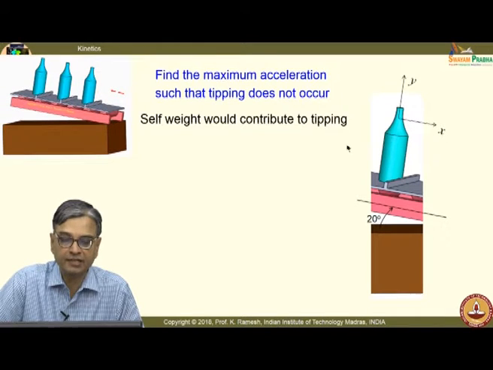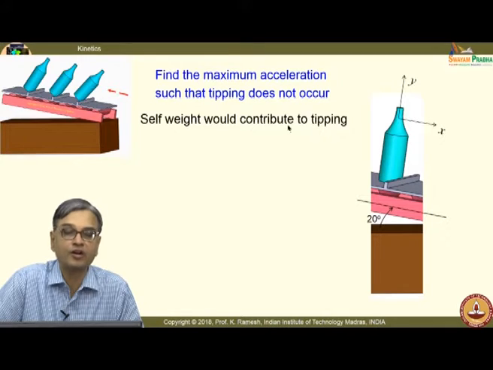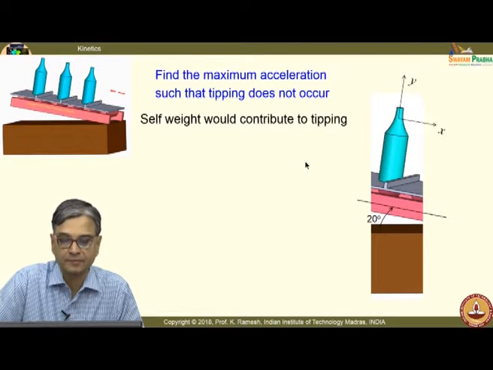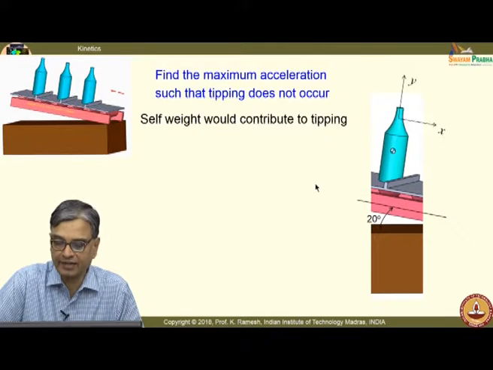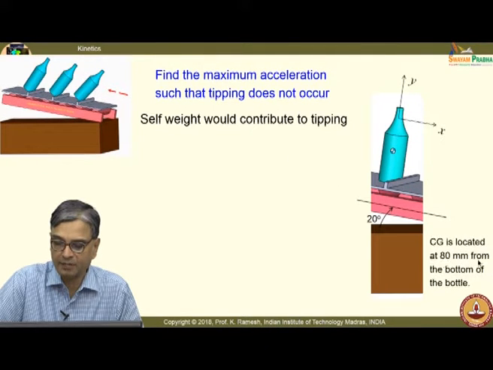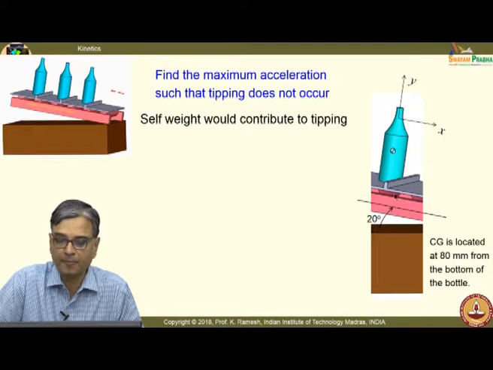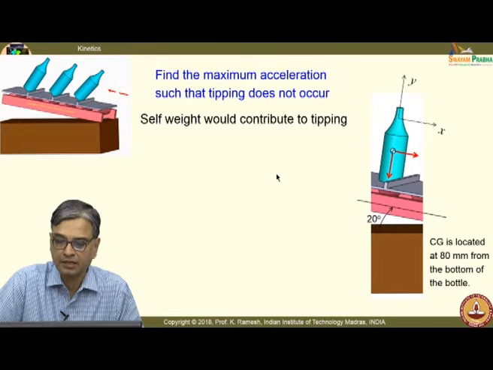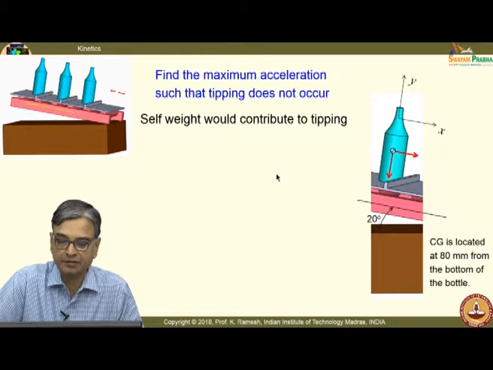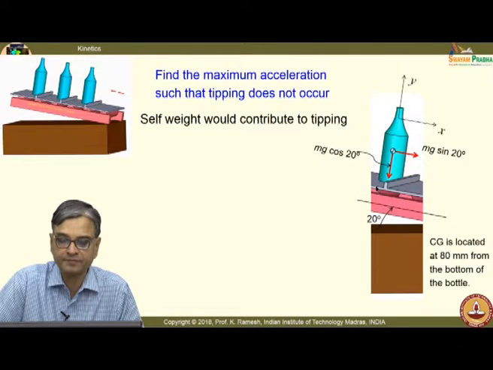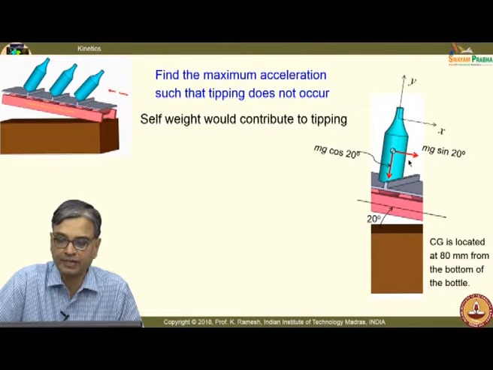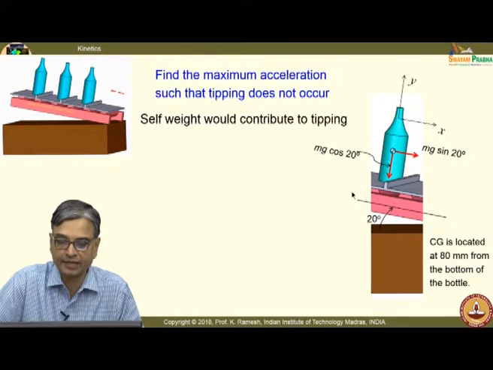And in this case, it is the self weight of the bottle that contributes to tipping, and it is given in the problem where the CG is located. It is about 80 millimeter from the bottom of the bottle. So, it is put approximately here, and you have the weight acting on this, mg cos 20 and mg sin 20, we can put it like this.